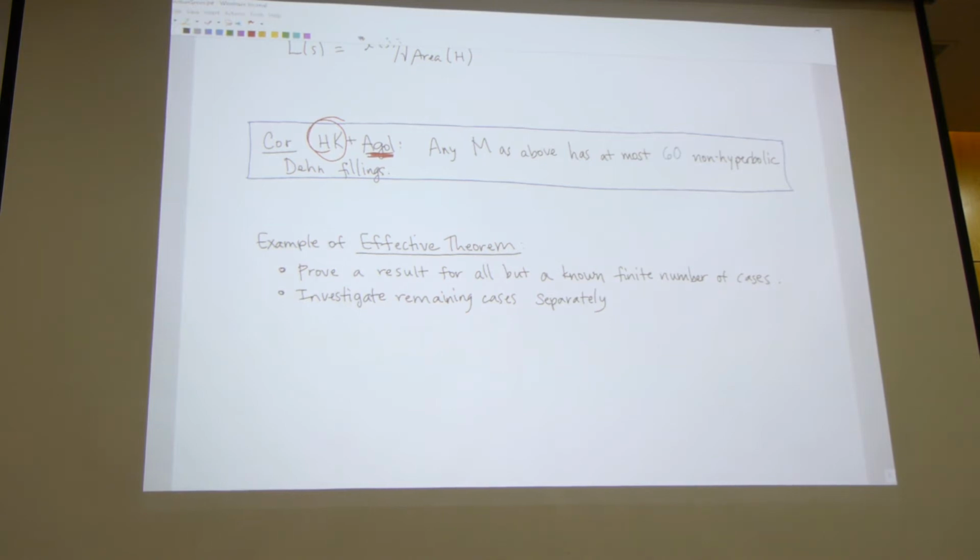There are various geometric things that we're interested in controlling when we deform from a complete structure on one hand to a complete structure on the other hand. So Thurston's hyperbolic Dehn surgery theorem says that one is a geometric limit of the others, but it's ineffective. And so in order to apply this, we need to be able to say things about particular manifolds.